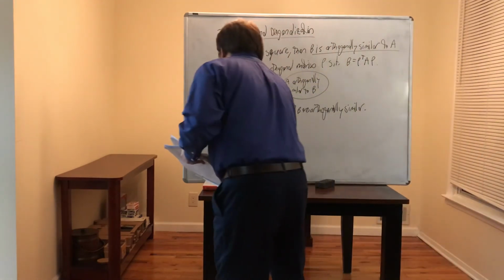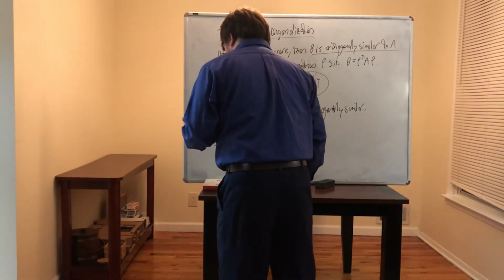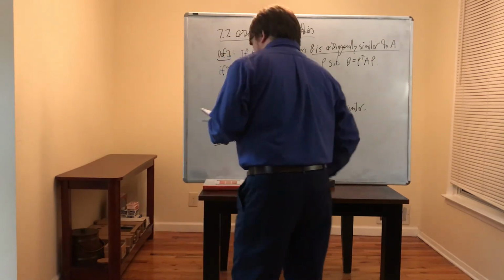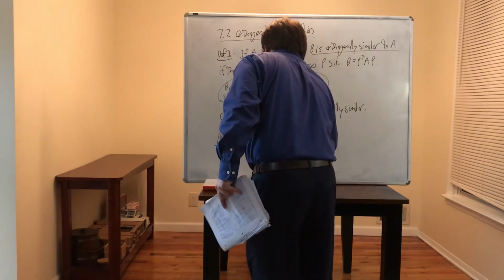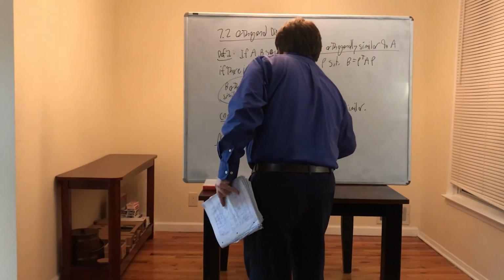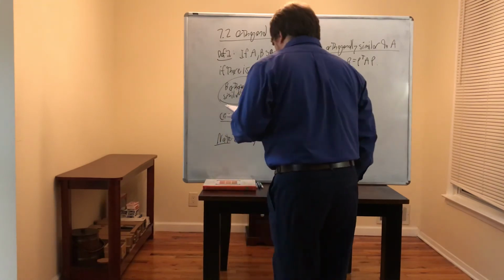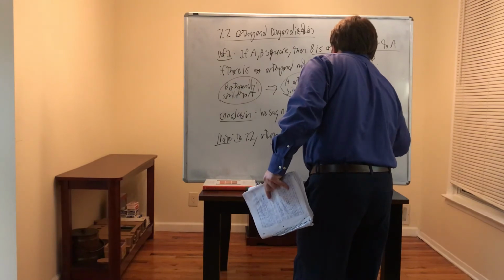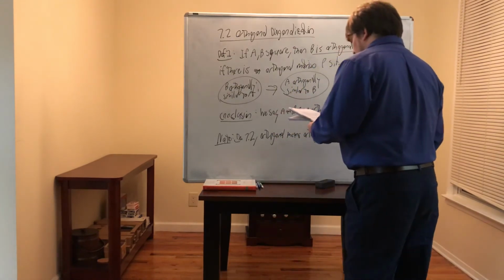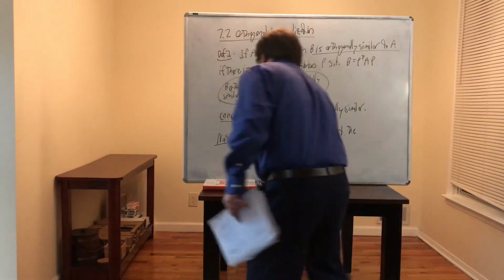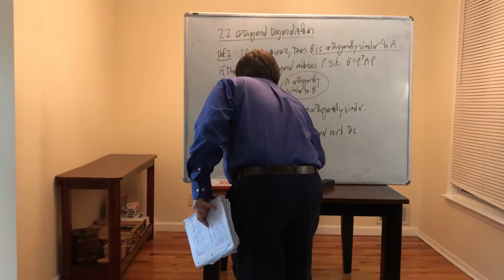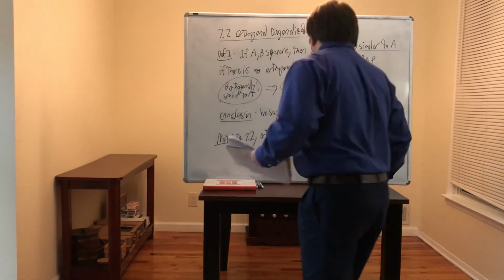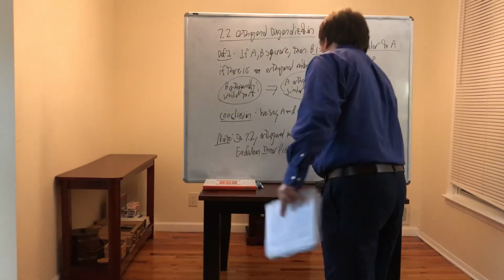Okay, and as an important note in this section, in 7.2, orthogonal means orthogonal with respect to the Euclidean inner product on Rn.